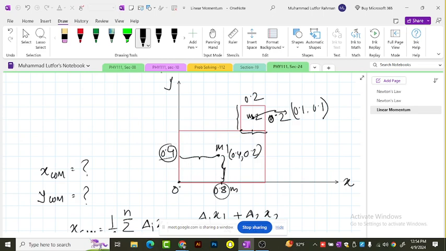This total length is 0.8, if you subtract this 0.1, then from here to here, this total length would be how much? 0.7. This length is 0.4 and this length is 0.1, then the total length is 0.5.